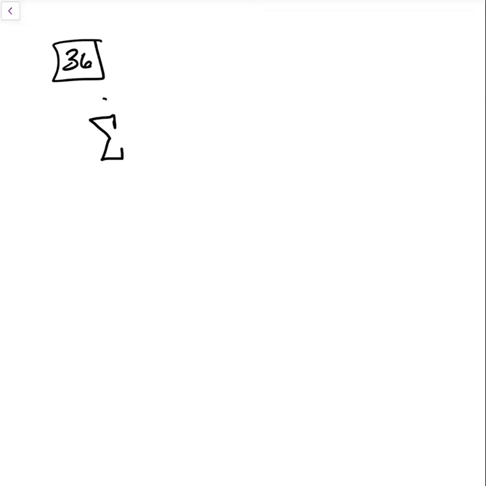I'm working on number 36, so let me write out what it says, and then I'll explain what each of these things means. We have the sigma notation, and then in blue our lower bound. Let me give a more general form.